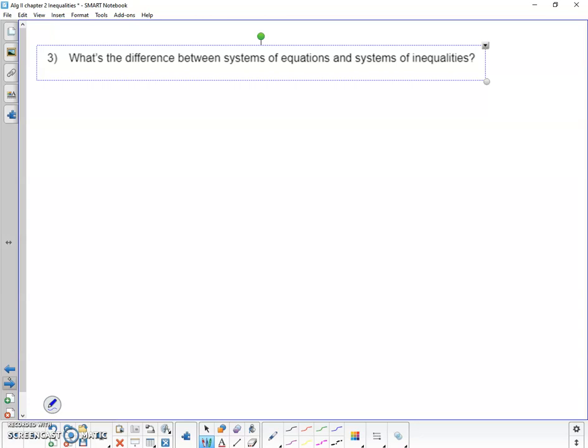We had to solve for both X and Y, right? So systems of equations gave us an X value and a Y value, right?